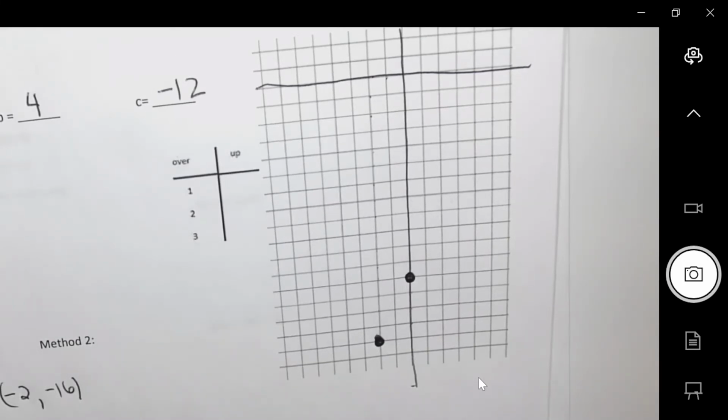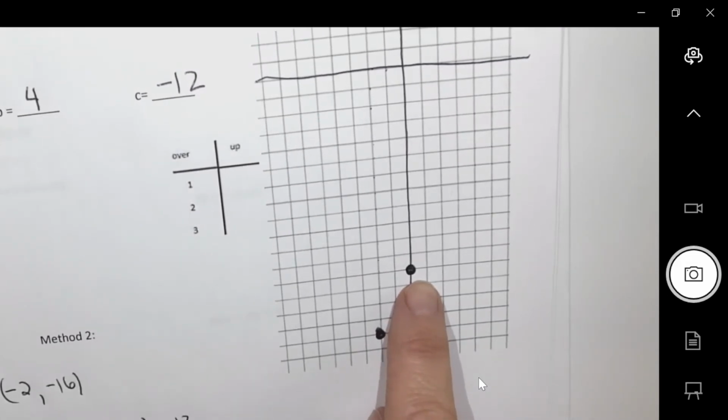We did a vertex, we did a y-intercept. Could you figure out the partner to this y-intercept?